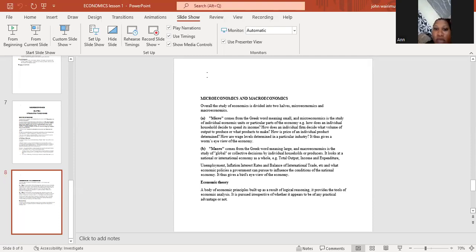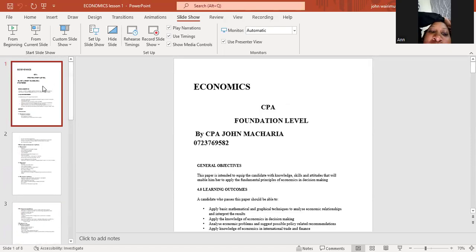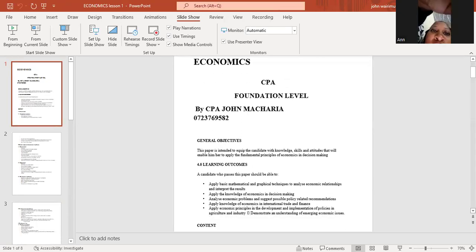And for the sake of those who came late, I want to revisit where we started so that we move at the same pace. We looked at the general objectives of this course. We said that the general objective is that this paper is intended to equip the candidate with knowledge and skills that will enable him or her to apply fundamental principles of economics in decision making.